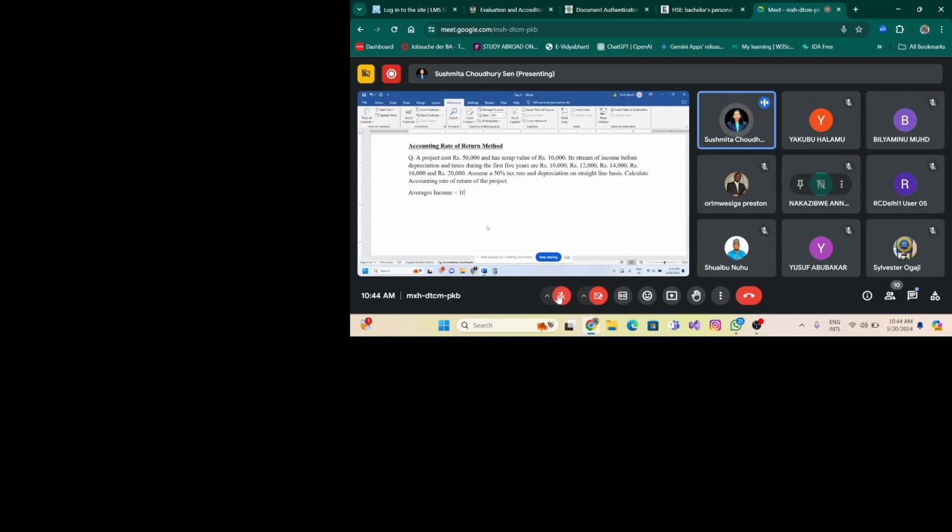So, here we have income 10,000 plus 12,000 plus 14,000 plus 16,000 plus 20,000, and as we are earning it in 5 years, the total number is 5. So for average we need to divide by 5, the number of items.